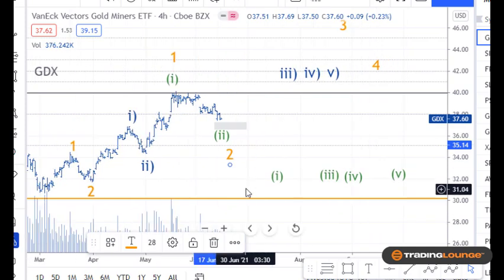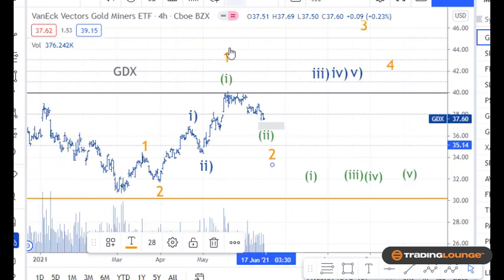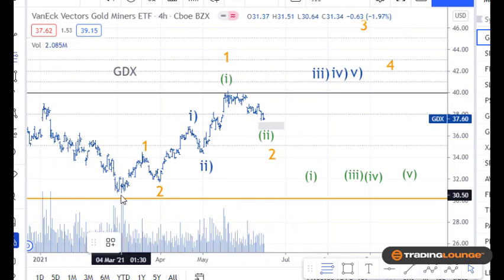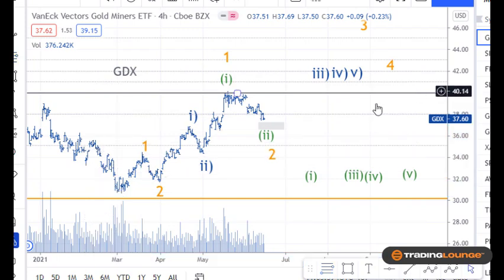But yeah, it's broken the 38. So we'll just allow it to come down to the 36.50 sort of area, and then see where we stand from that point. The other point here, of course, is looking at this low here to this top here.